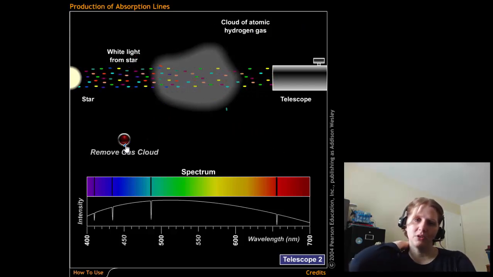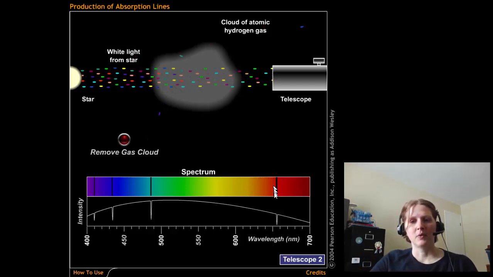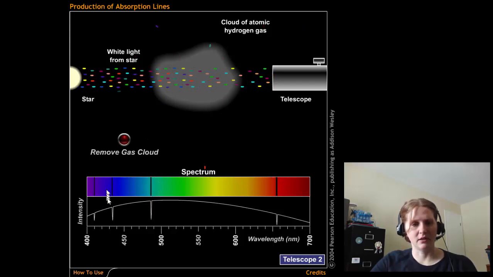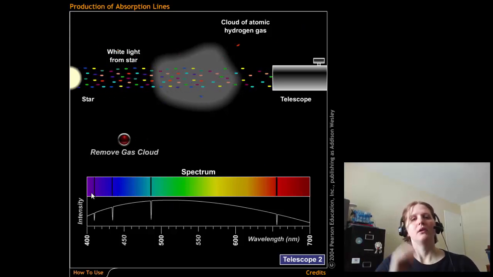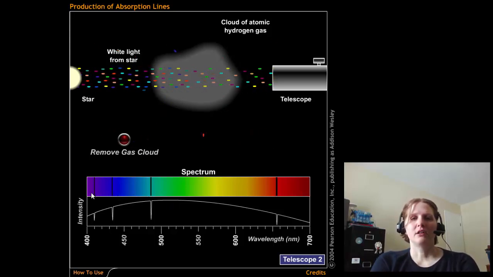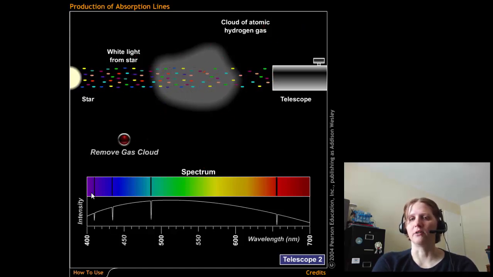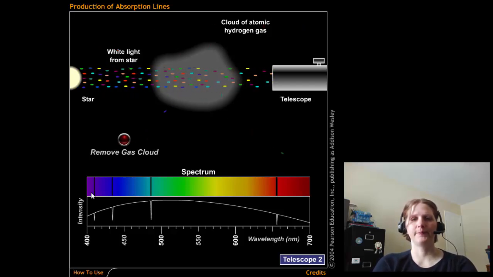So this nebula is going to interact with only the colors that that gas can interact with. In this case it's hydrogen: a red, a teal, a blue, a purple. And all the colors of light that hydrogen cannot interact with, it just keeps going through the cloud. Remember, it's not dense by definition. Light can go through it.